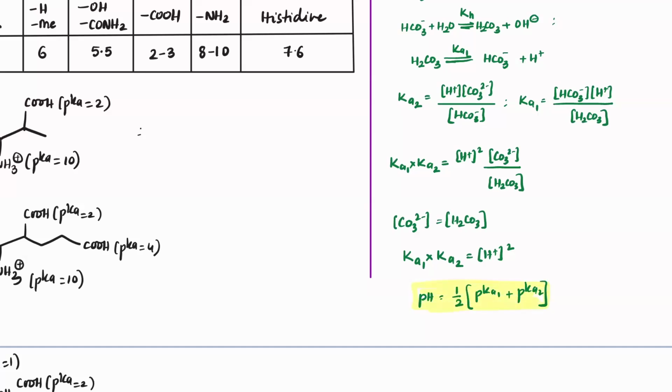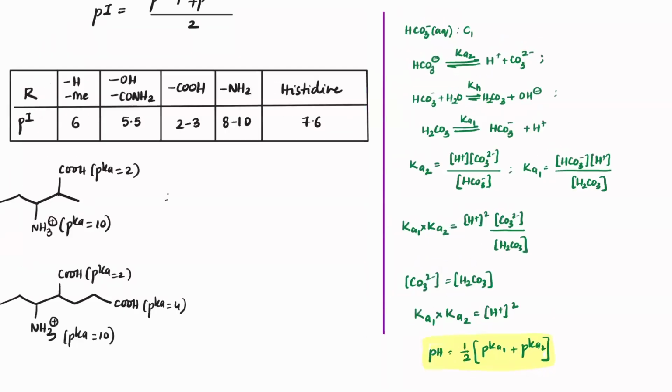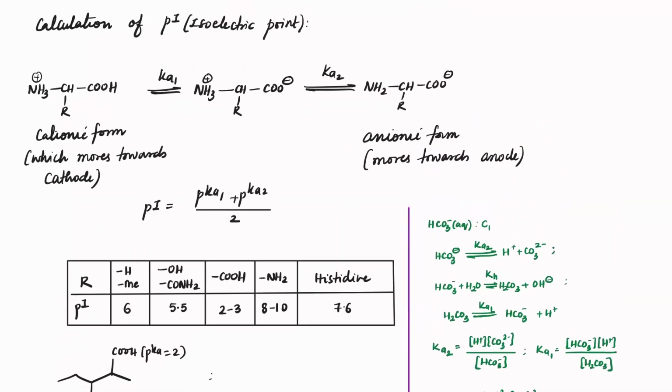Now let's apply the same logic here. If I want to keep the concentration of HCO3- high, then this one and this one should be extremely low in concentration and negligible. Correct? To increase this concentration, neither the hydrolysis form nor the dissociation form should be in large quantity.